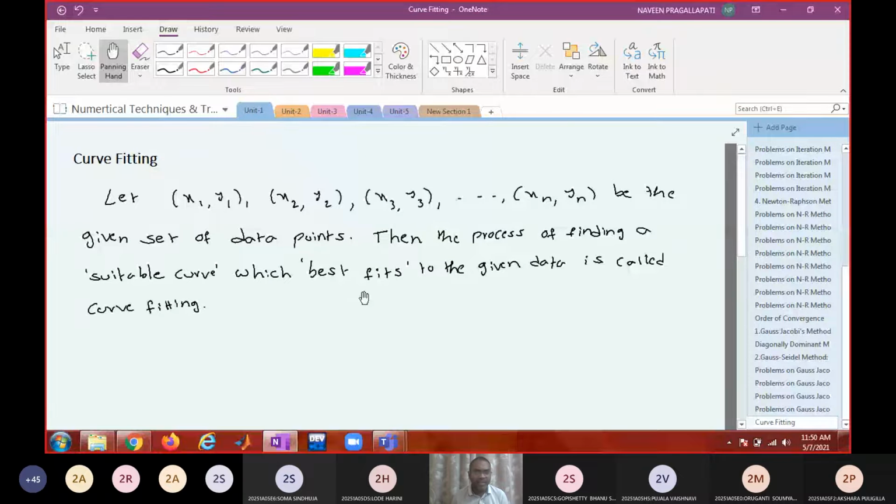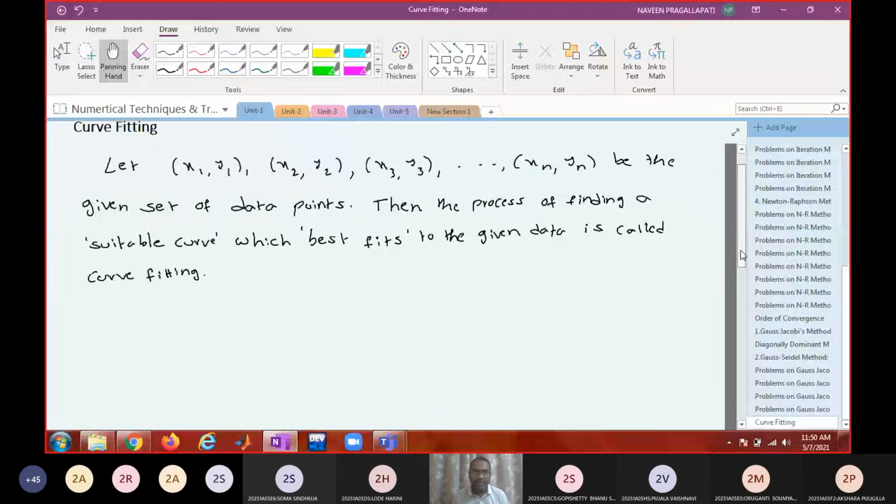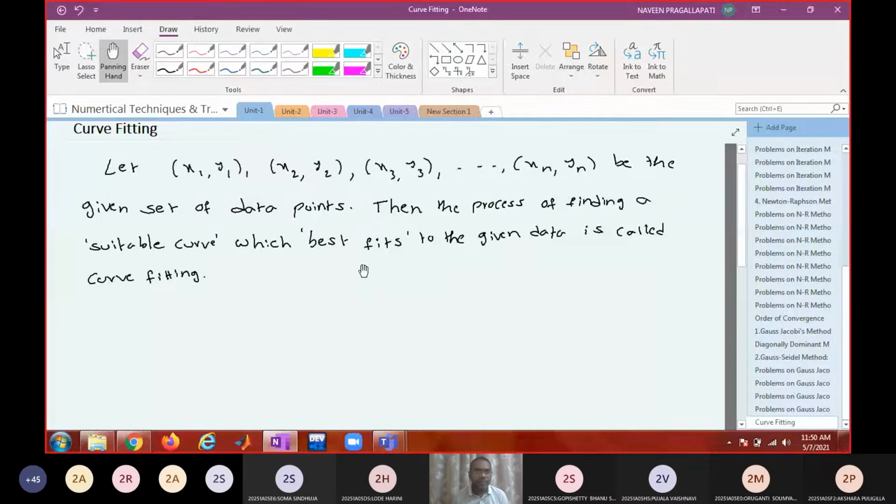So see, this is the actual data. And if you are trying to find y equal to f of x, let me draw the graph also here.